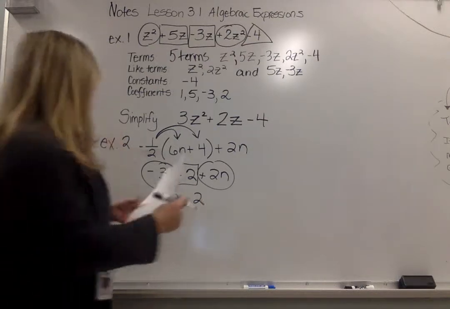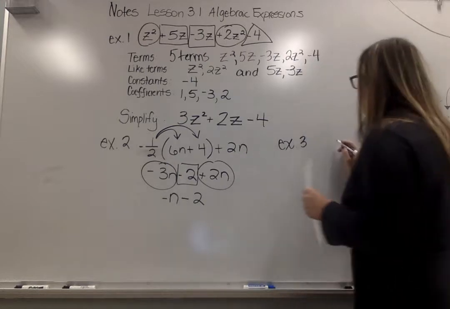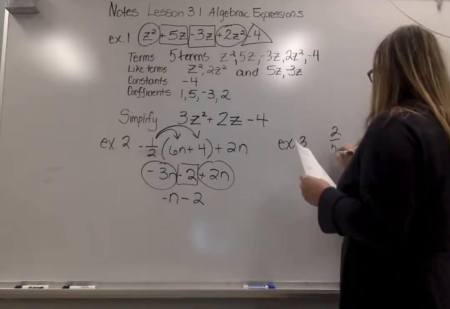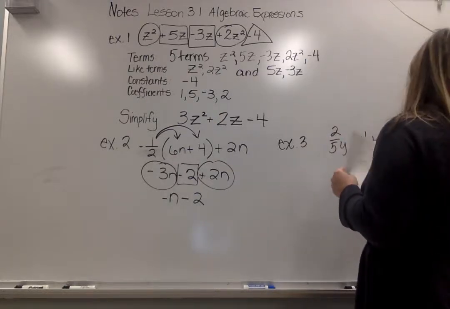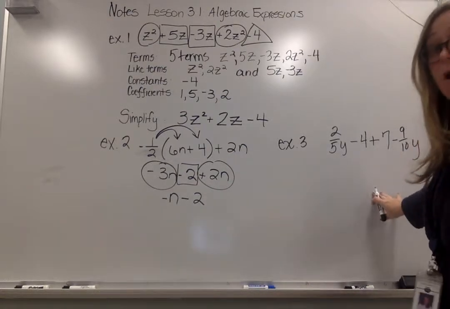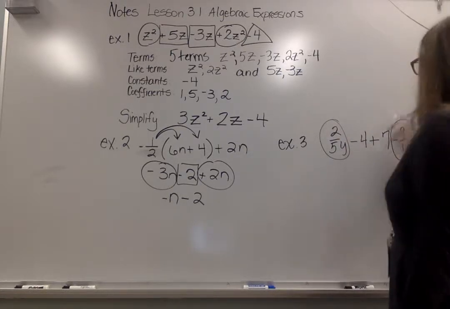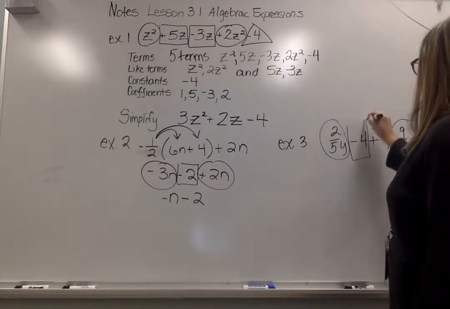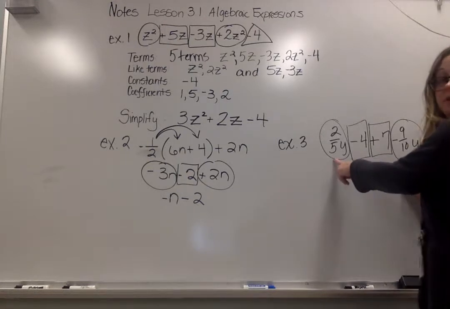All right, let's do another one. If I were to have 2/5 y minus 4 plus 7 minus 9/10 y. There is no distributive property here, so I'm going to go right to the circle square method. I have 2/5 y's and a negative 9/10 y's. I have a negative 4 and a 7. These I have to combine.